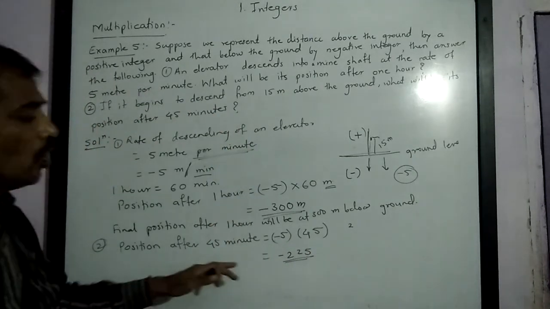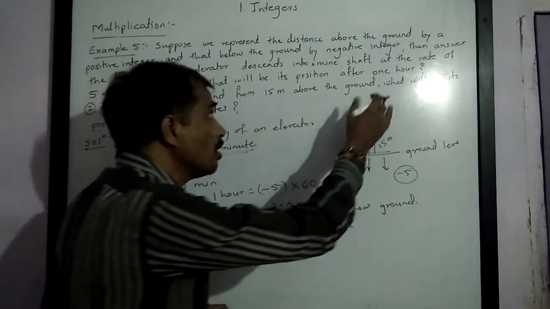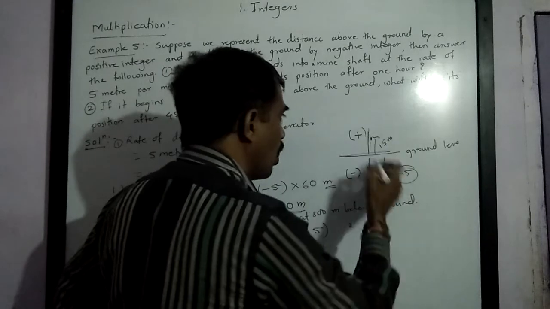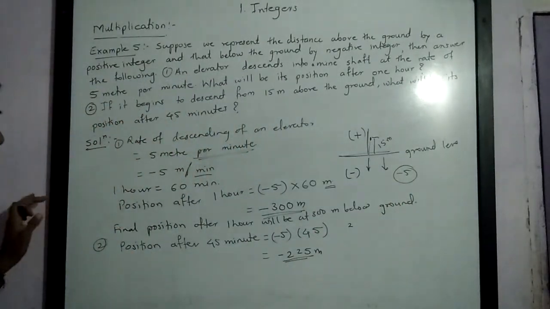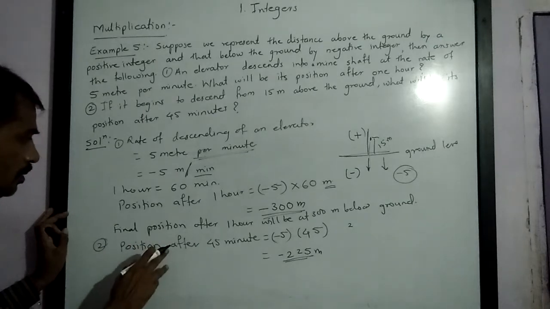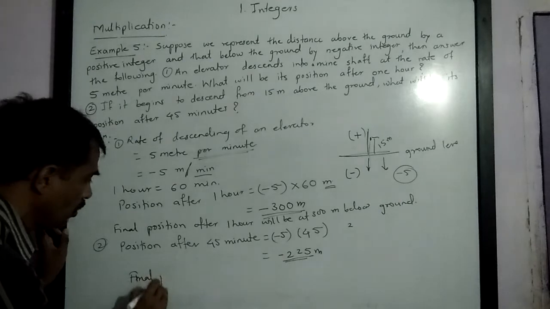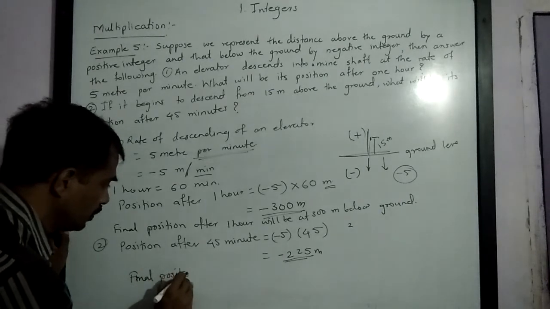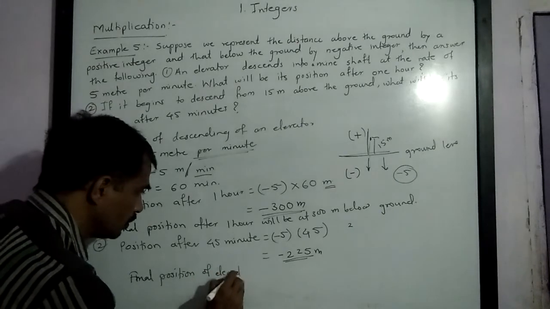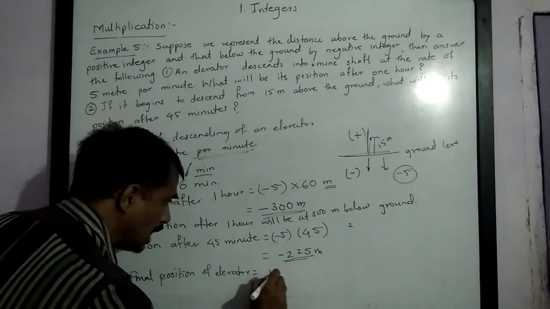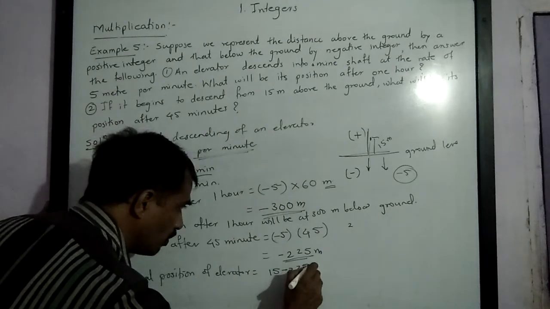This elevator will go -225 meters down, but it has started from 15 meter above the ground. So total distance covered will be, so final position of elevator is equal to, it has started from 15 meter minus 225 meters.